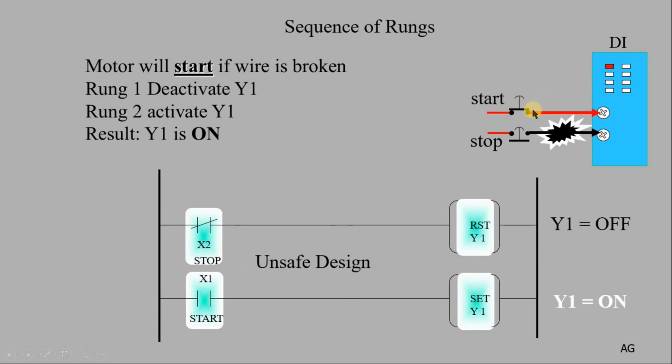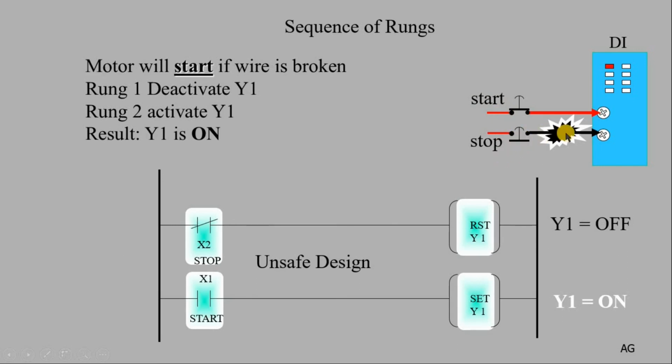Now you are pressing the start and pressing the stop at the same time. In the first rung, it will stop, which means it resets Y1, but in the next rung the PLC will turn Y1 on. So the PLC will turn your output on as long as you press your start push button, regardless of the status of your stop push button.